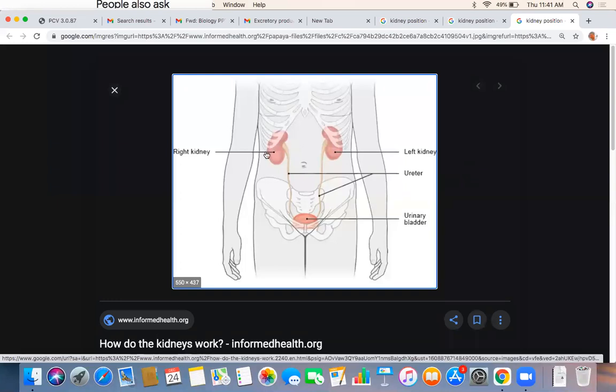You have your rib cage. The last two ribs of your body are called the floating ribs, because they are not attached to the sternum, only to the vertebrae. So those last two will be protecting the kidney.